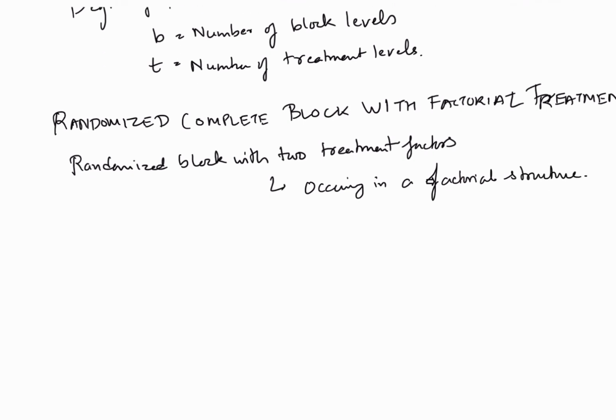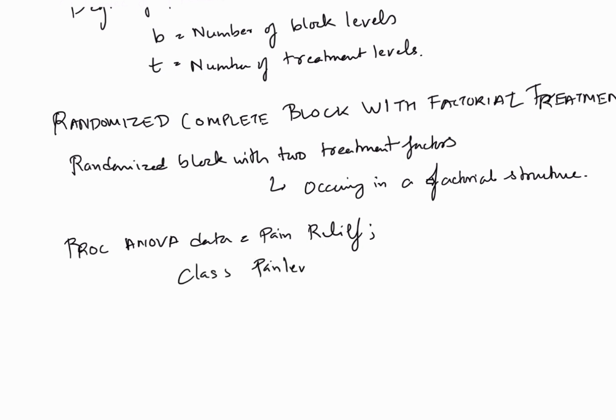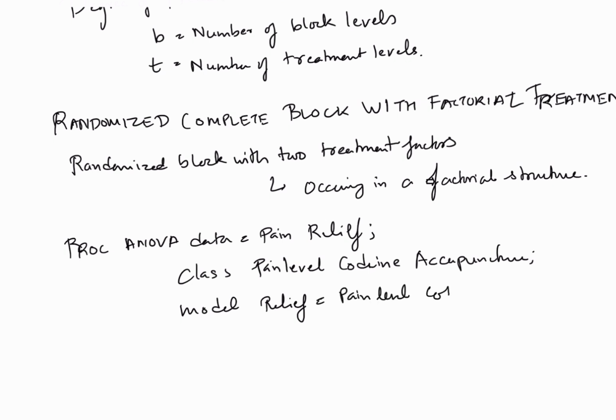In order to write this down, you'll have to use PROC ANOVA data=pain relief; class pain level codeine acupuncture; model relief=pain level codeine acupuncture; run.